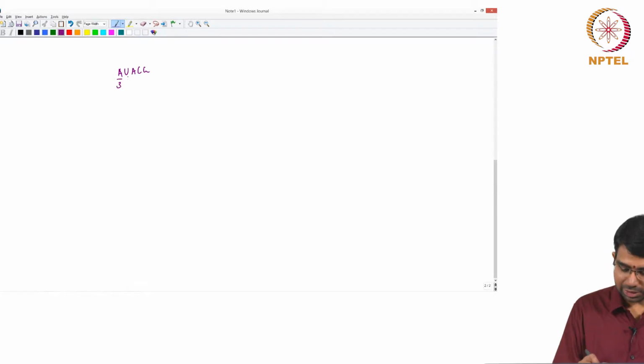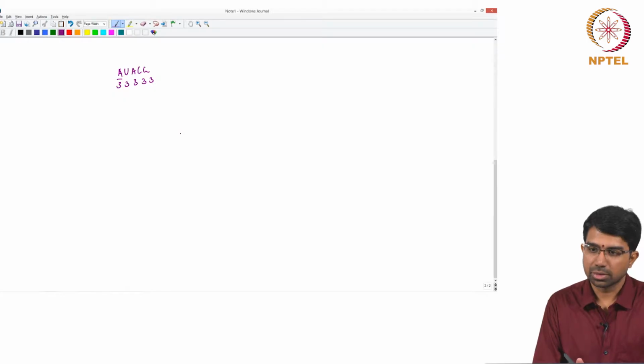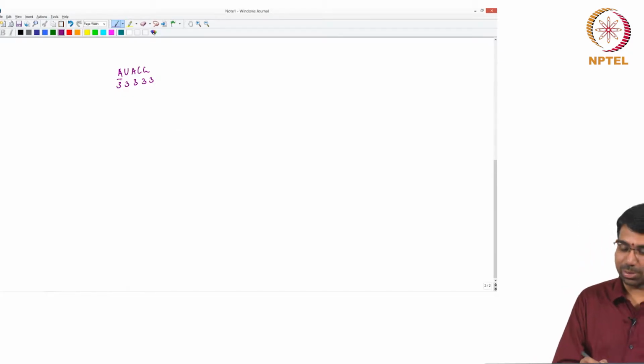You can have 3 variations here, 3 variations here, 3 variations here, 3 variations here, and 3 variations here. So, what is the total number of possibilities? 3 plus 3 plus 3 plus 3 plus 3, right. You have only 15, you can't combine the two because that would be more than one mutation, right.